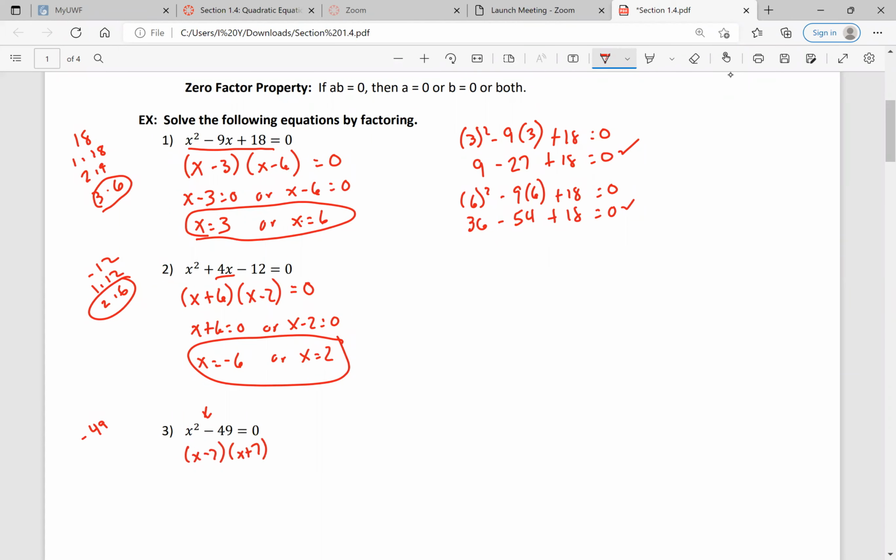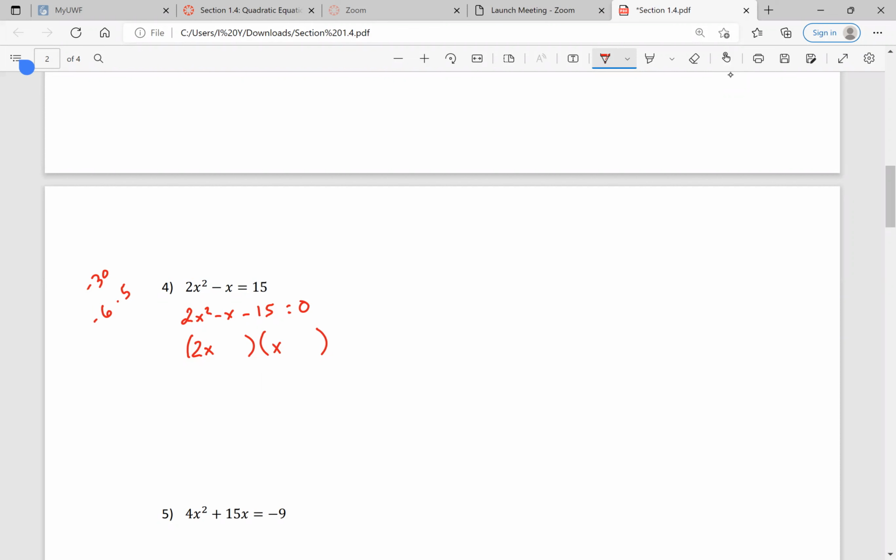And 6 is going to be negative. Since I don't have a 1 here, there's my -6. All right, so -6 and 5 gives me -1.